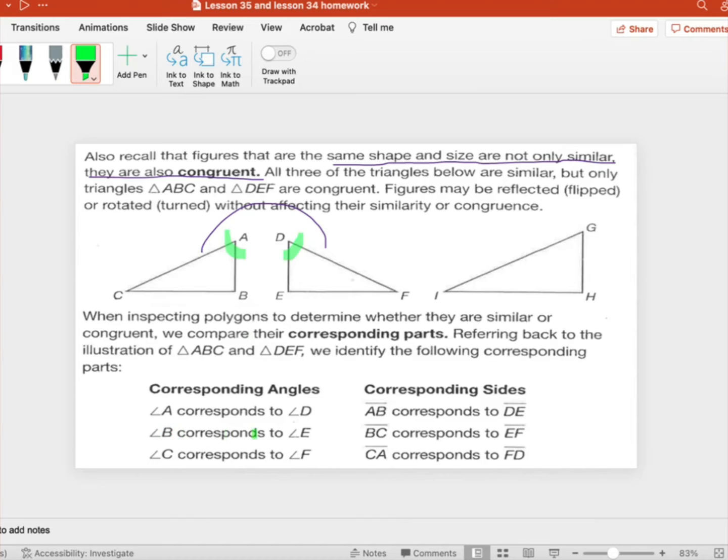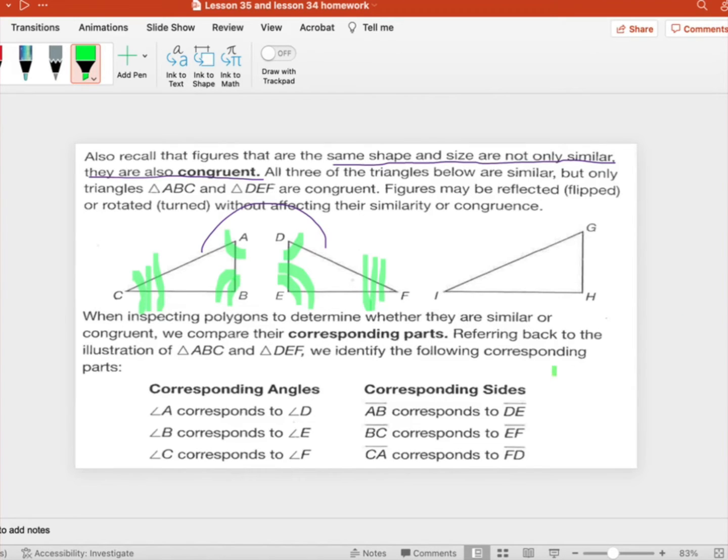Okay, angle B corresponds to angle E. Now, you're going to see in the next slide how we use hack marks to show similarity. And angle C, so we could make this 3 hack marks, is corresponding to angle F. So we'll make this one have 3 hack marks as well.